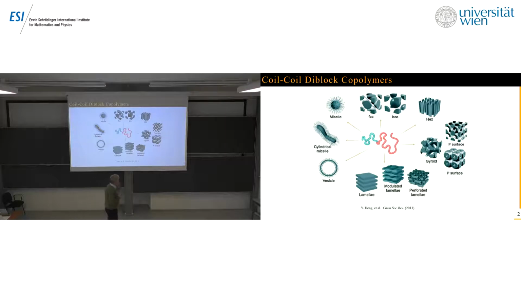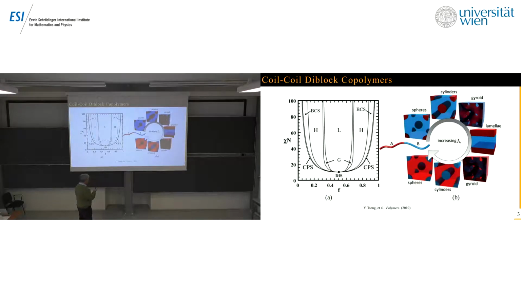Because of this repulsion, they form a whole bunch of interesting phases, depending on the concentration, starting from micelles, then into lamellar phases of various kinds, hexagonal phases, cubic phases of different symmetry, and so on and so forth. So remarkably rich phase behavior in these simple systems.